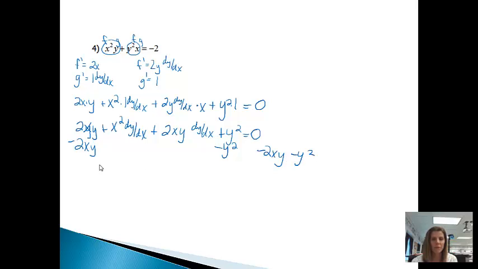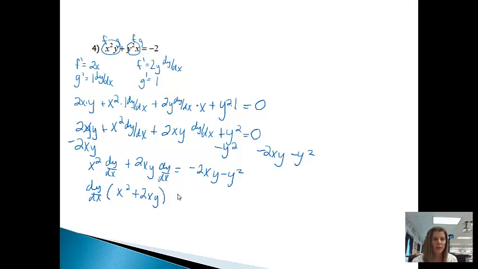So when I do that, I'm going to have x squared dy/dx plus 2xy dy/dx, and that will equal -2xy minus y squared. Next step, since these both have a dy/dx, we're going to factor that out so I can solve for it. When I do that, I'll get dy/dx times x squared plus 2xy, and that will still equal -2xy minus y squared.